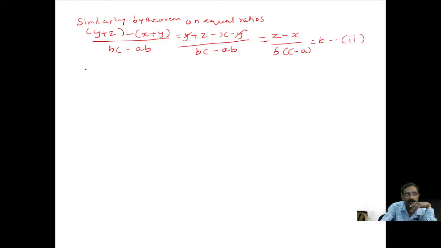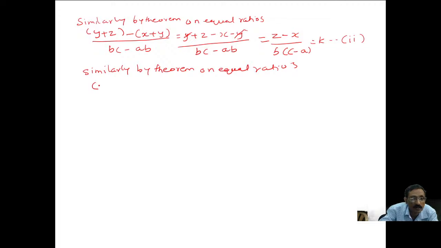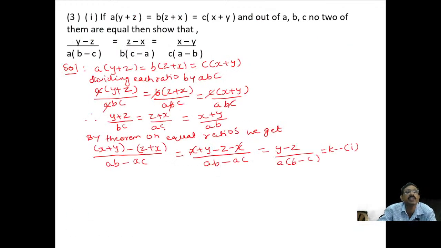Now similarly, again by theorem on equal ratios, what are we going to get? We are going to use the third one. In that we will take z plus x minus y. We will take z plus x and we are going to take y plus z and we are going to subtract this.